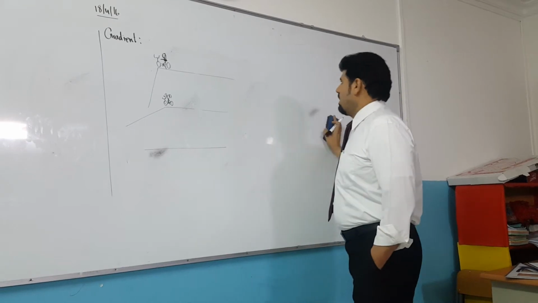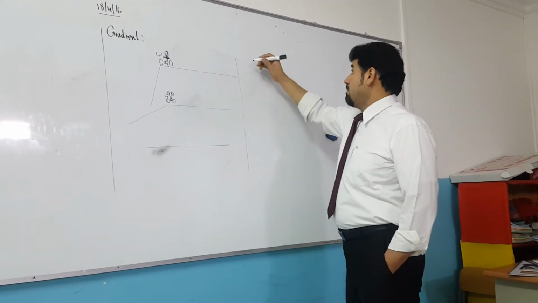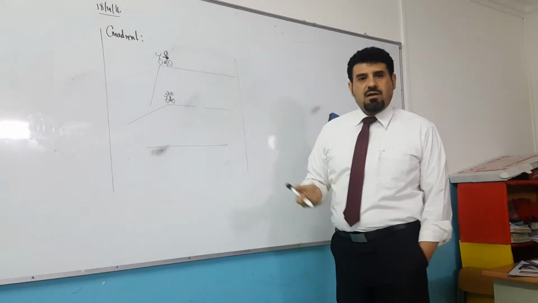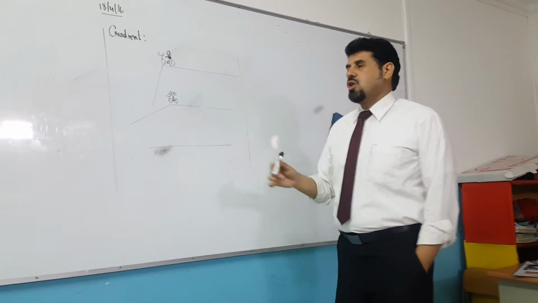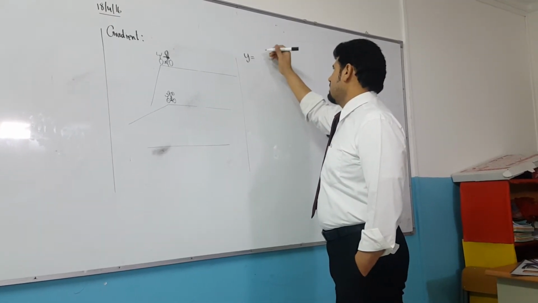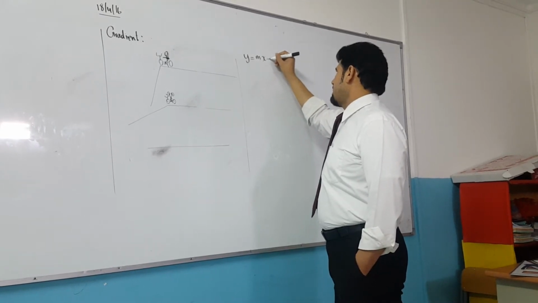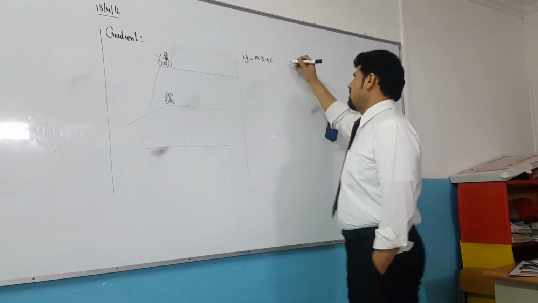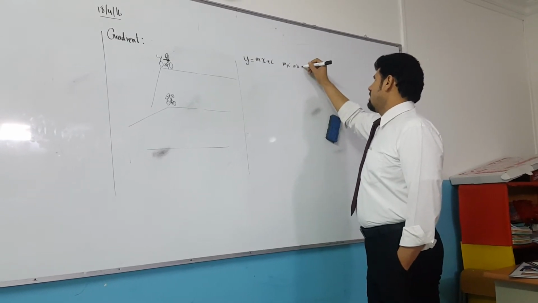Now, mathematically speaking, I can give you the equation of a line and then I ask you for the steepness. So if the equation of the line is like that, y equals mx plus c. This is the standard form where m and c are real numbers.